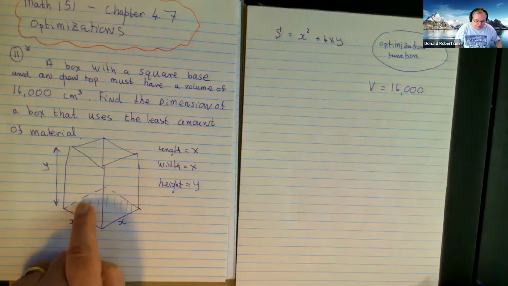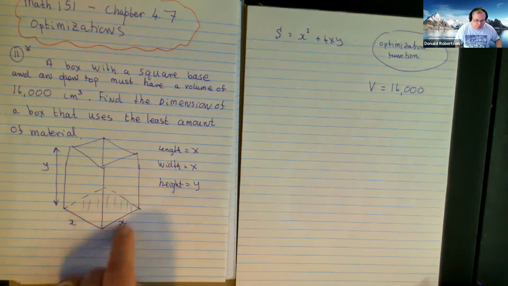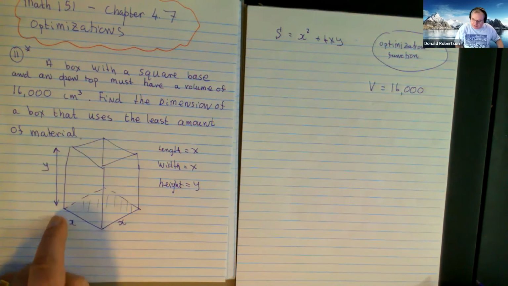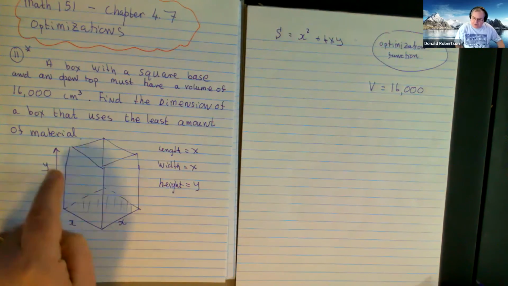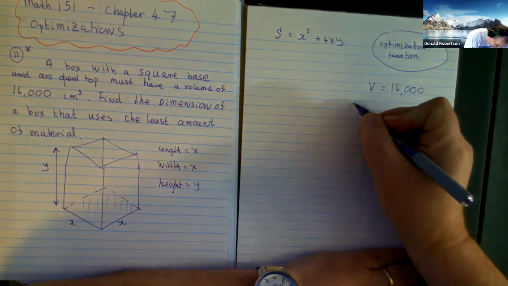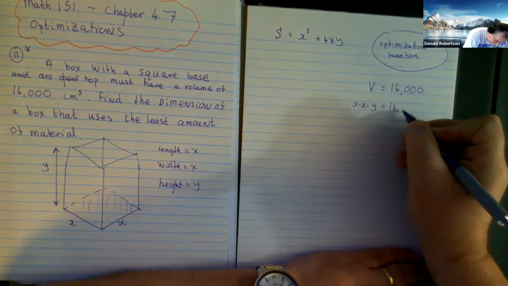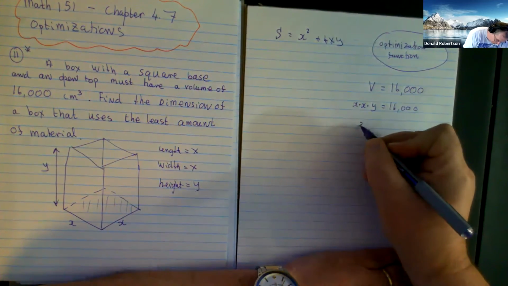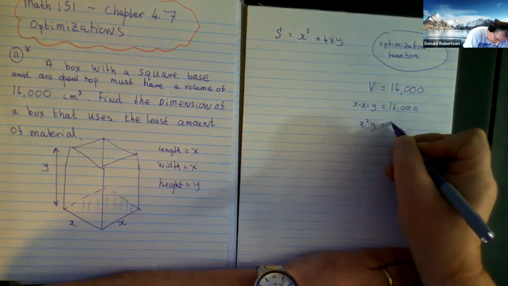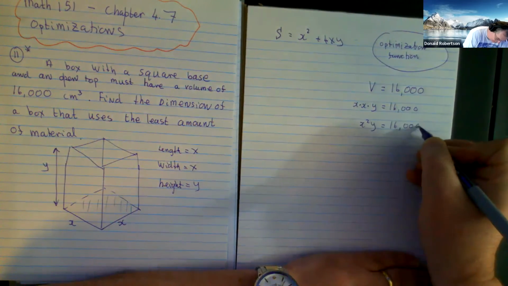Won't the volume of this box be length times width times height, right? Length times width times height, which is X times X times Y, is 16,000. So X squared Y is 16,000.